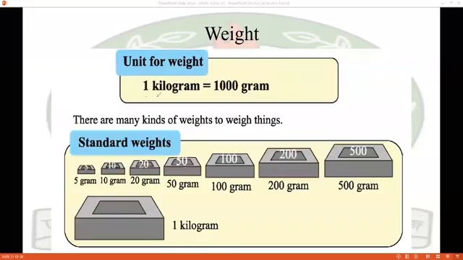So we know 1 kilogram is equal to 1,000 grams. There are many kinds of weights to weigh things. Standard weights are 5 gram, 10 gram, 20 gram, 50 gram, 100 gram, 200 gram, 500 gram, and 1 kilogram. It may also be 2 kilogram, 5 kilogram, 10 kilogram standard weights.